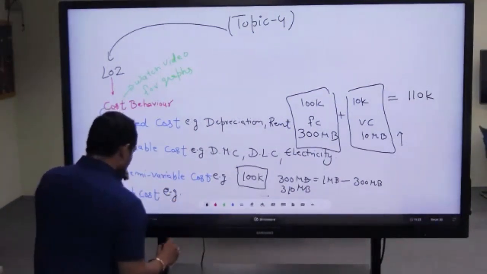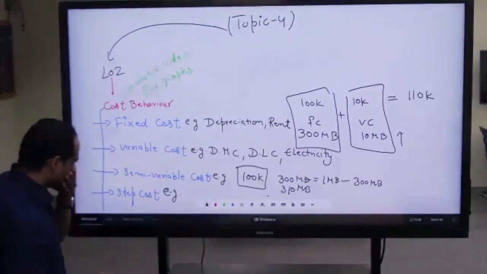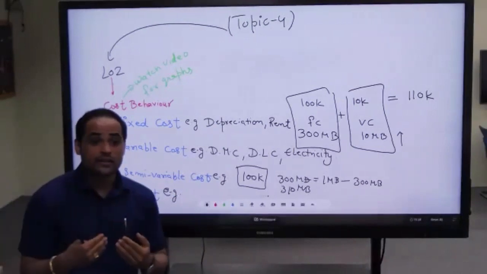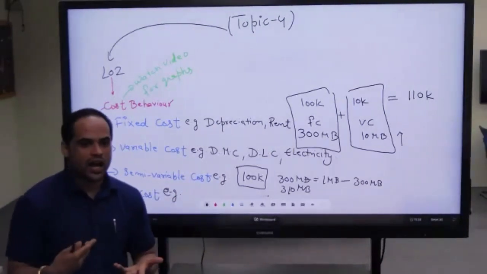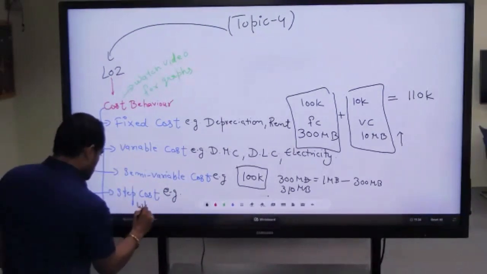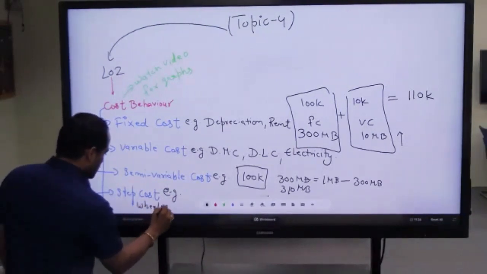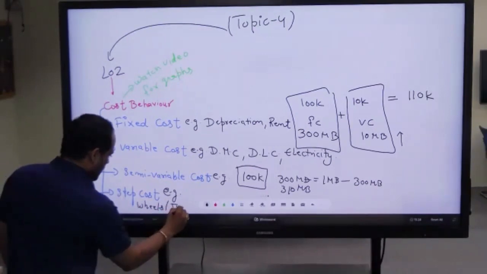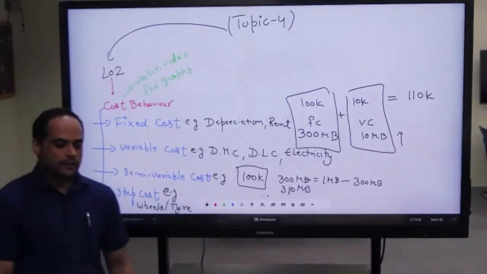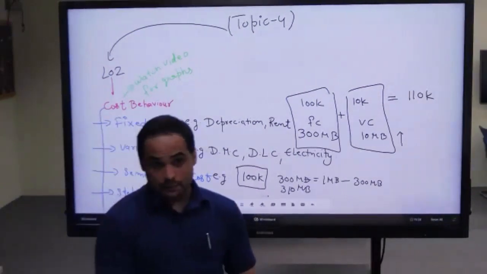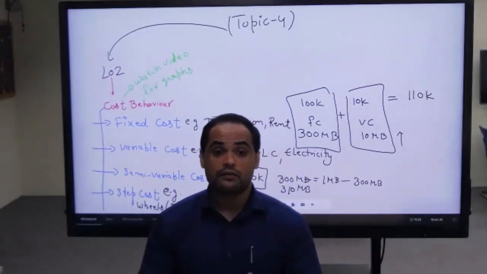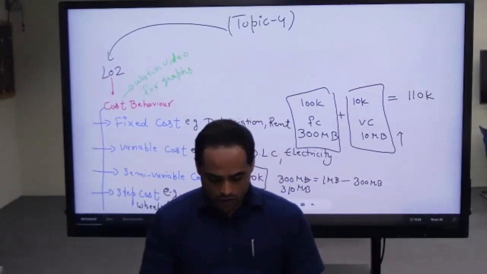An example of step cost is your motorbike or your vehicle's wheel or tire. So take the example of car or vehicle wheels, because in a company we have vehicles.